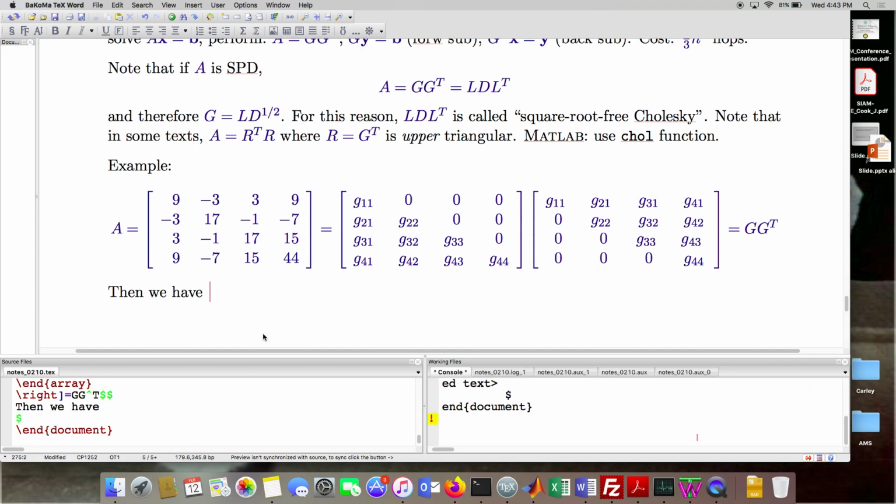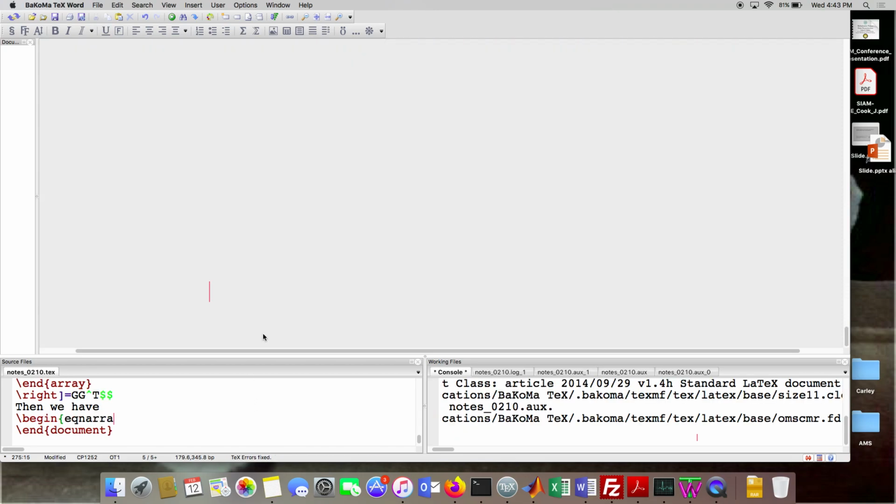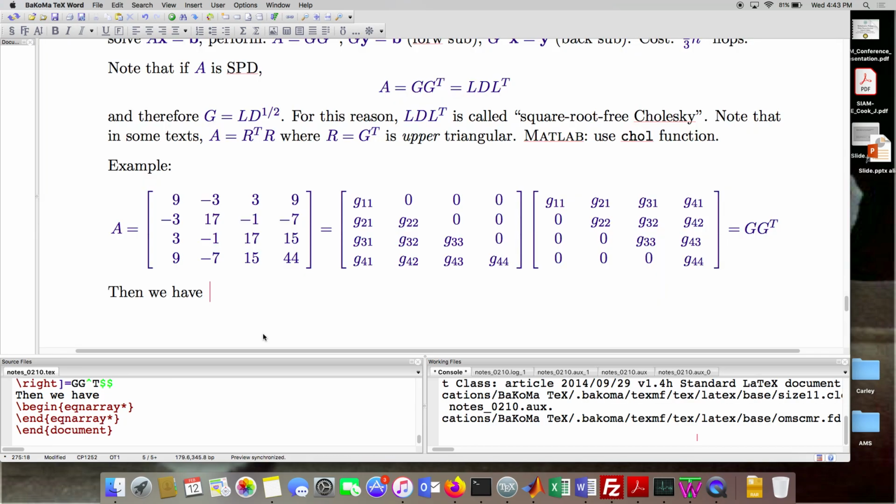So for example, the 1,1 entry, which is equal to 9. All right. So the A11 entry is the first row of G dot product with the first column of G transpose.